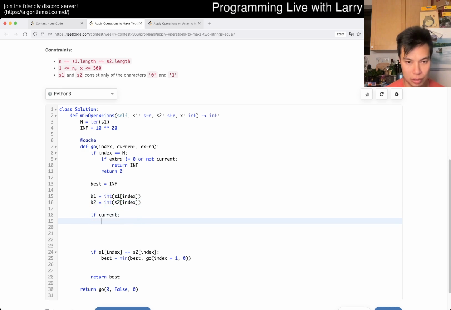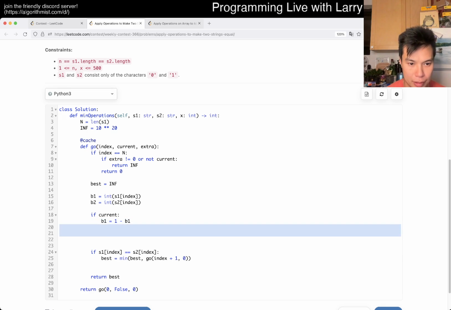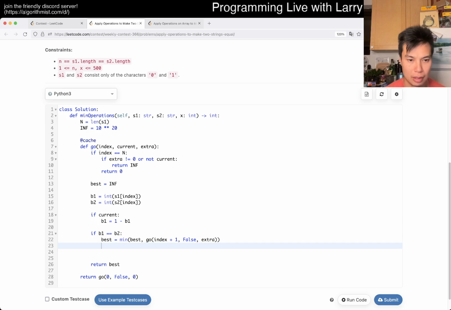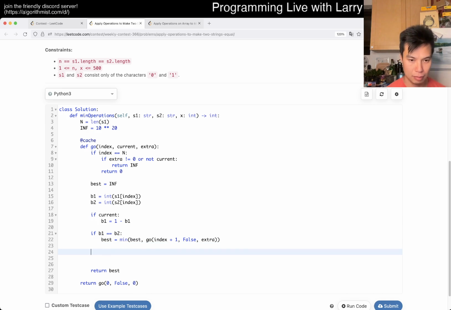And then if current, then that means that we swap this one, then okay, right. So then now, if they're the same, then we're good. We have no carryover, and we just keep the number of extras, and this costs nothing.